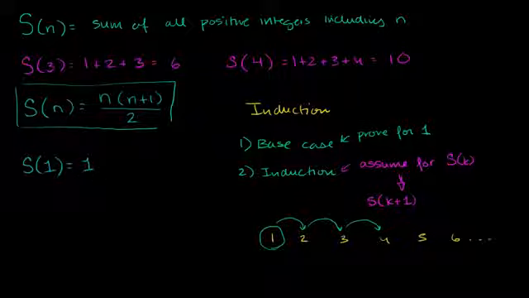And we can prove that this is the same thing as 1 times 1 plus 1, all of that over 2. 1 plus 1 is 2. 2 divided by 2 is 1. 1 times 1 is 1. So this formula right over here, this expression, it worked for 1. So we've proven our base case. We've proven it for 1.